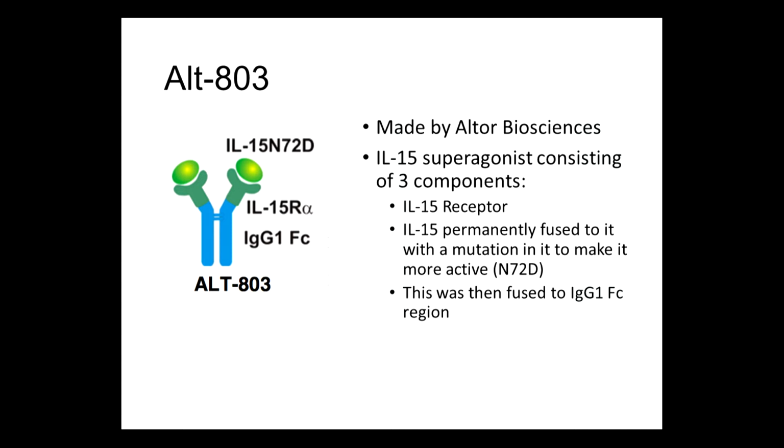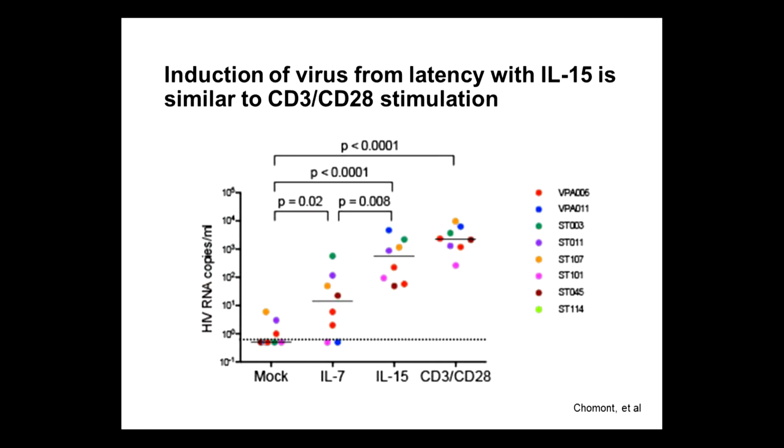The reason we're looking at IL-15 for HIV, and this is just representative data that many groups have shown, this is data from Nicolas Chomont, but Brad Jones at GW has shown this as well, is that IL-15 is very effective at inducing virus from latency when compared to IL-7. It's as effective as T-cell receptor antibodies. But this is in vitro with patient-derived cells.